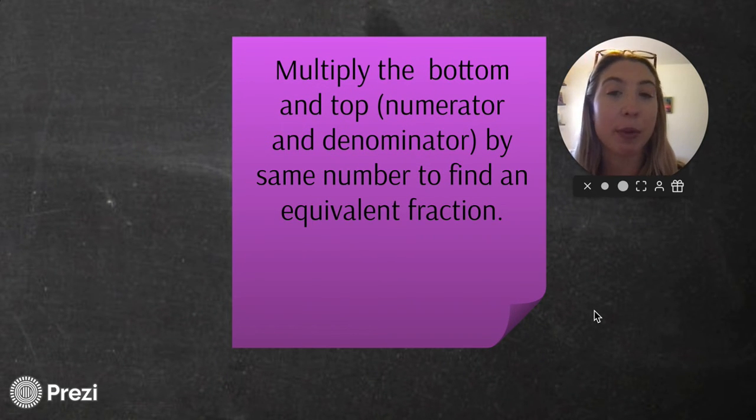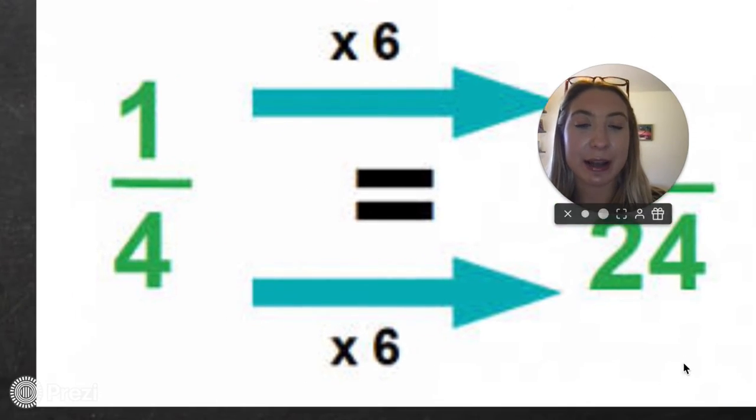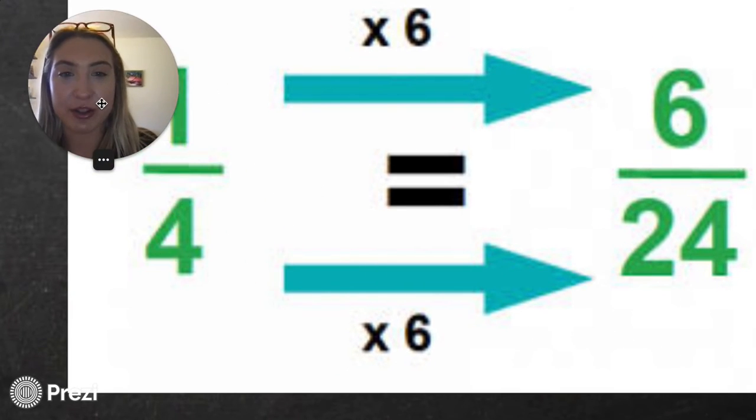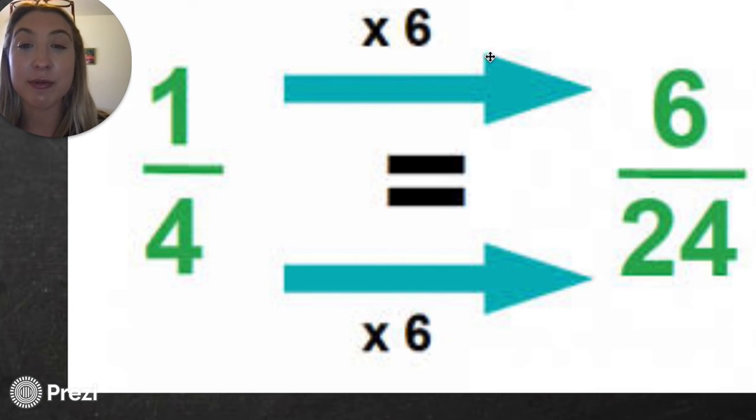And so just remember, we can multiply the bottom and the top, so the numerator and the denominator, by the same number to find an equivalent fraction. So an example of that would be, okay, so I'm going over here. I'm trying to find an equivalent fraction for 1/4.